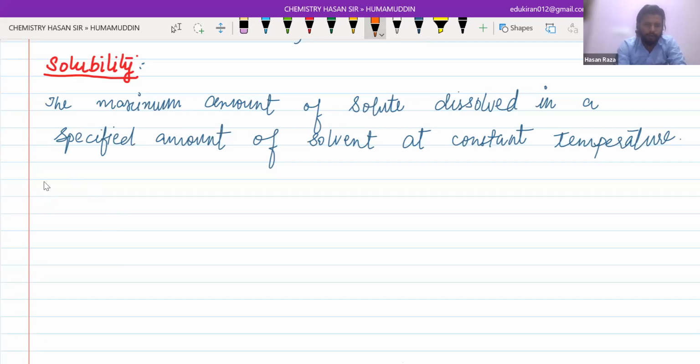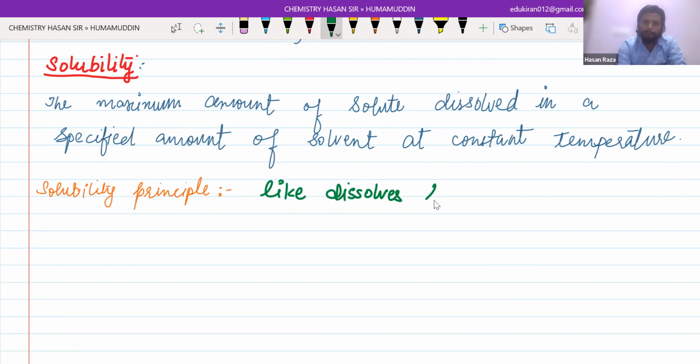Now there is a solubility principle. So I'm going to write what this solubility principle is. Solubility principle is like dissolves like.